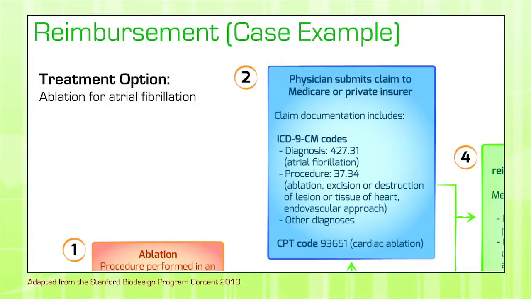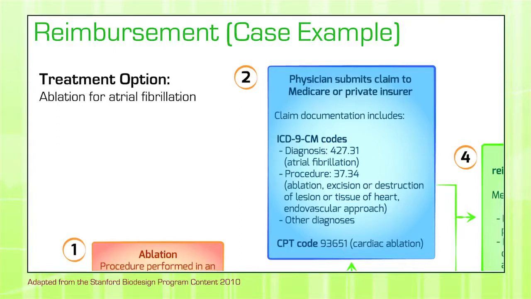What is going to happen is that they are going to search for this code, in this case an atrial fibrillation ablation, and it's going to come up in the databases that the ICD-9 CM codes for the diagnosis and procedure are the ones described in the slide: 427.31 for atrial fibrillation and the procedural code 37.34 for ablation, excision, or destruction of a lesion or tissue of the heart, endovascular approach.